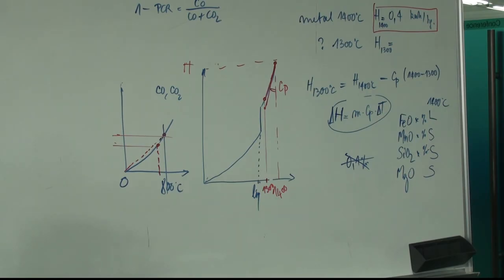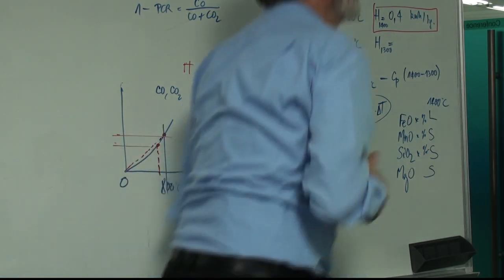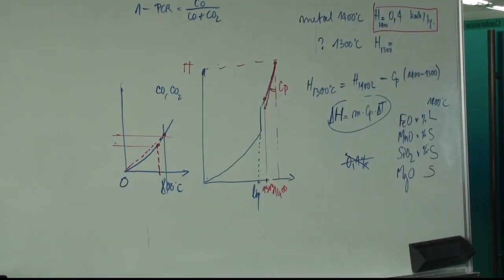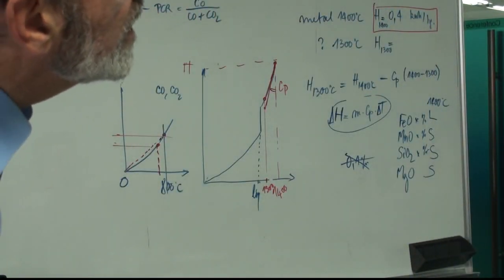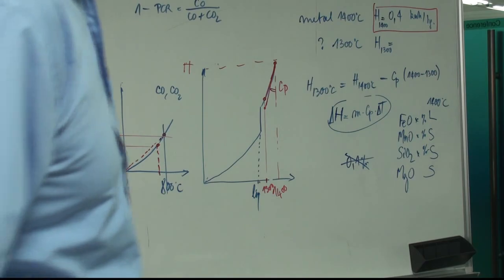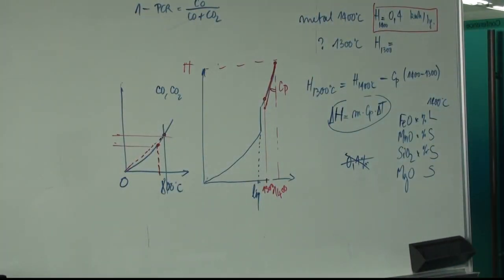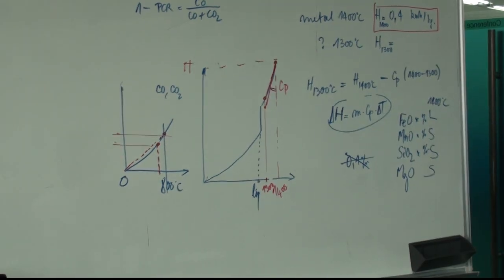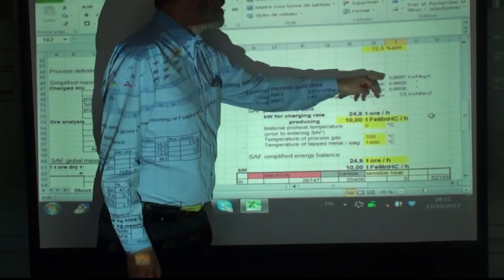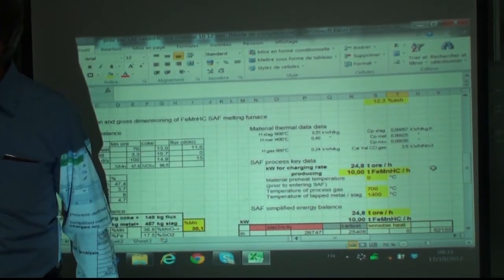I have no CP. I could use the CP also, like for the other data. This is possible, but you know, we will see that this is not so dramatic. It's not so important. You see, for all these data, I use CP to calculate a variation.